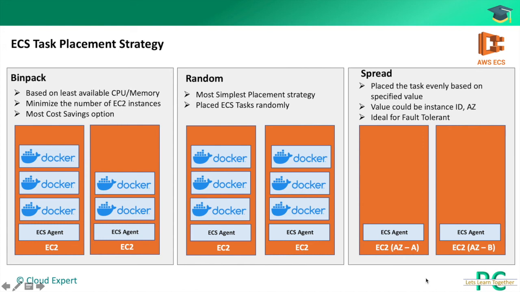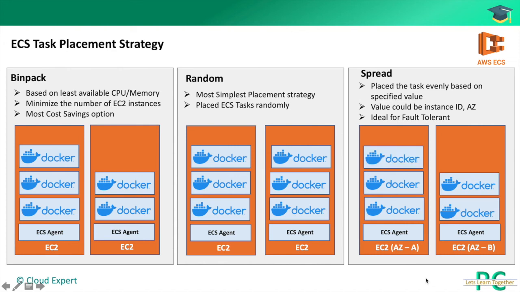In this example, I'll use availability zone as my value, and I'll explain how a spread strategy will work if availability zone has been considered for this strategy. Now if you see, tasks will be placed evenly based on the availability zone. As the example suggests, this is ideal for fault tolerance.